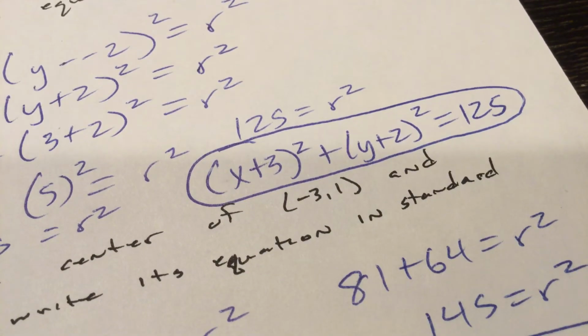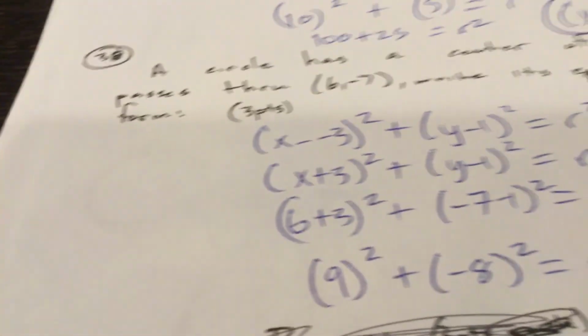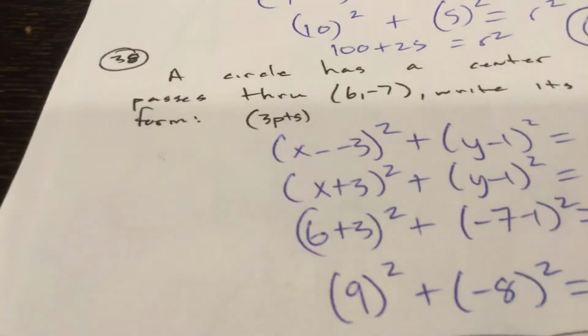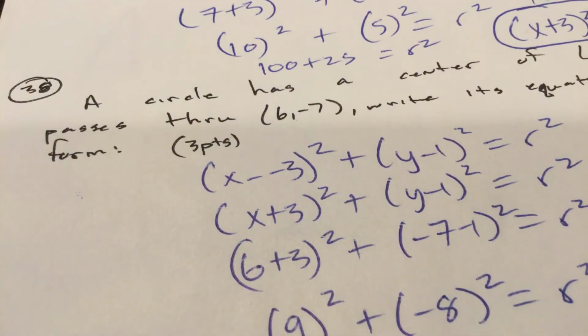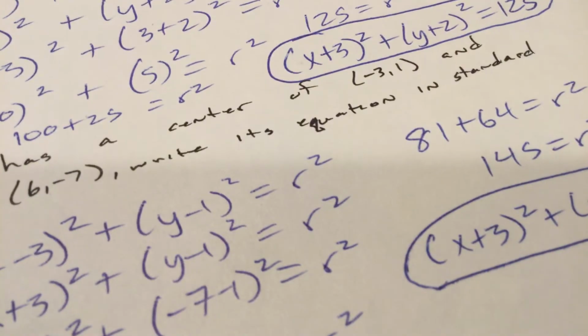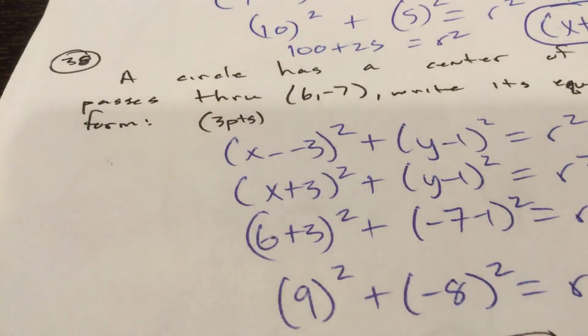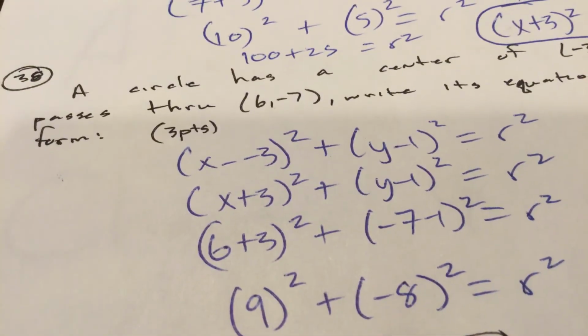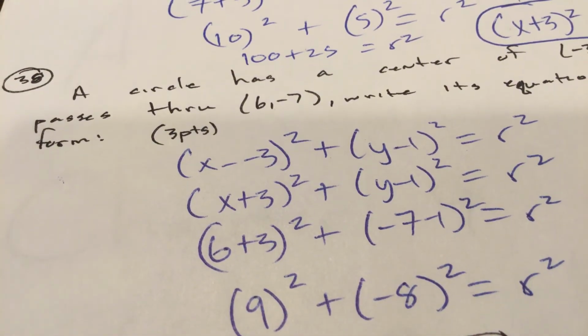Here is the very last question. A circle has a center of -3, 1, and passes through 6, -7. Write its equation in standard form. The center is -3, 1. X minus a -3 squared is x plus 3 squared plus y minus 1 squared.